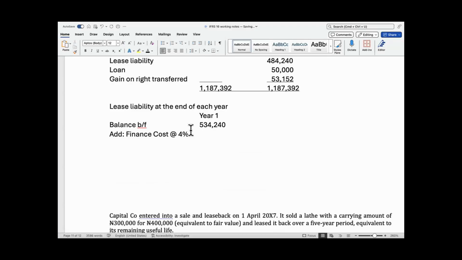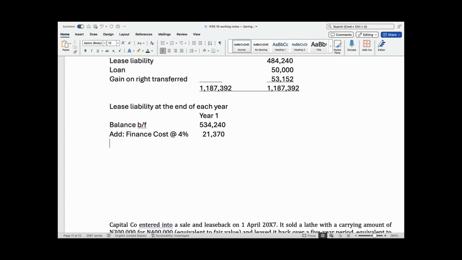At 4%. So 4% times 534,240. That would be 21,370. And I will deduct the lease rentals, which is 120,000.